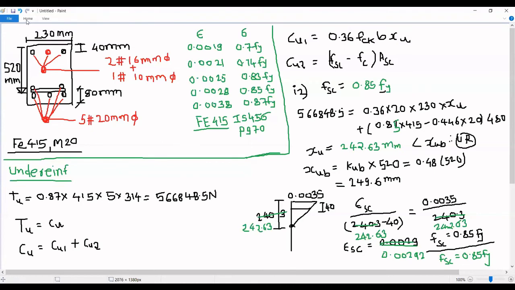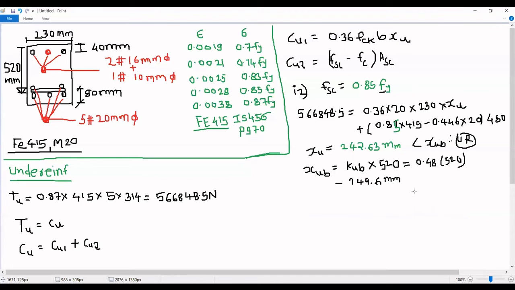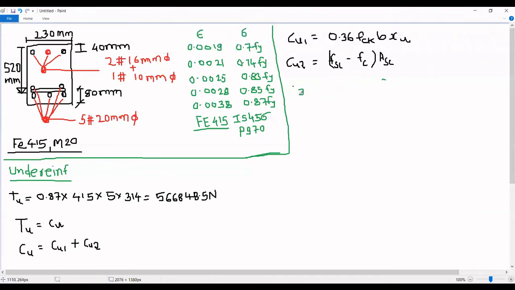Now, once we are done with this, let us work out the moment of resistance of this section. So the next step is to work out the moment of resistance. Let us note down two values. XU is equal to 242.63 mm and FSC is equal to 0.85 times Fy.